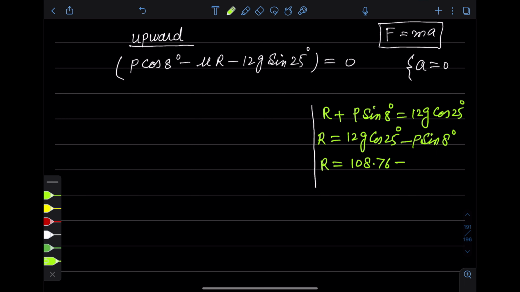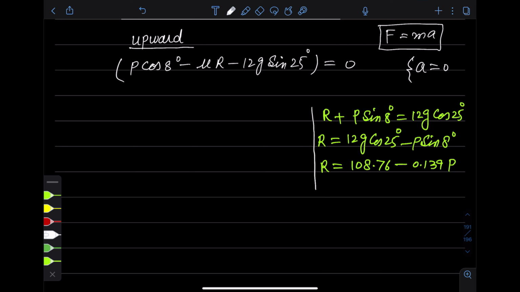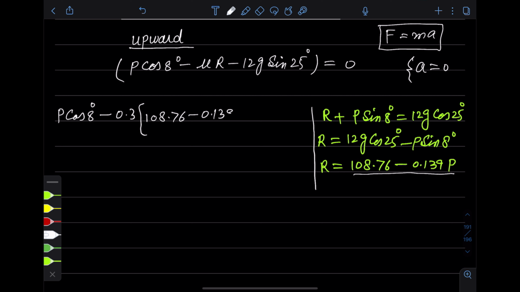R is equal to 108.76 माइनस साइन 8 डिग्री की वैल्यू हम फाइंड करेंगे, p के साथ मल्टीप्लाई करेंगे 0.139 p। Now P cos 8 degree minus mu, which is 0.3, times R. Now R we have found: 108.76 minus 0.139 p, minus 12g sin 25 degree.